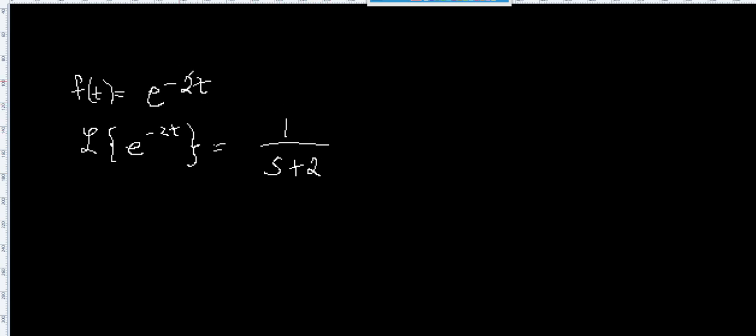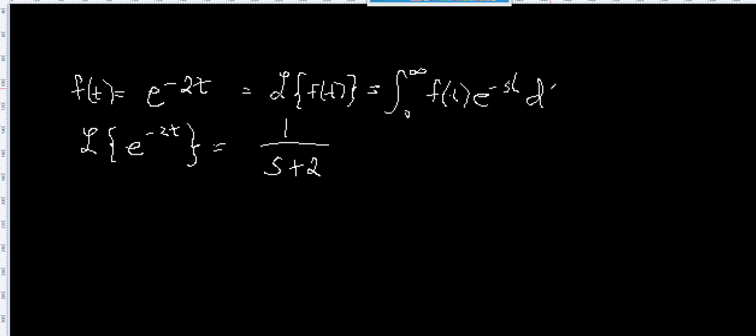If we follow the definition, the Laplace transform of our function is equal to the integral from 0 to infinity of f(t) multiplied by e to the negative st dt. So that is number 1.